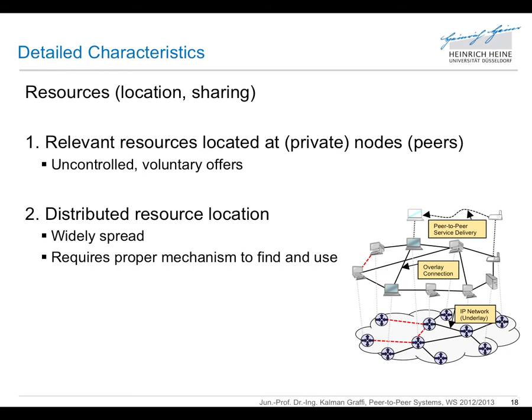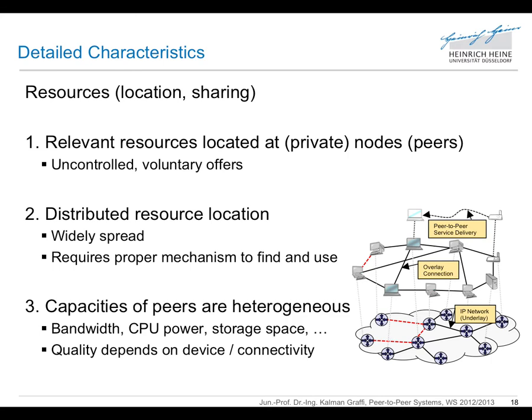Also, the distribution of the resources is widely spread. It might be all across the world. It might be that the document that you're looking for is in China, and you are sitting in South America, and you still have to find the content that you're looking for, although it's widely spread. And the capacities of the peers are heterogeneous, so very diverse.